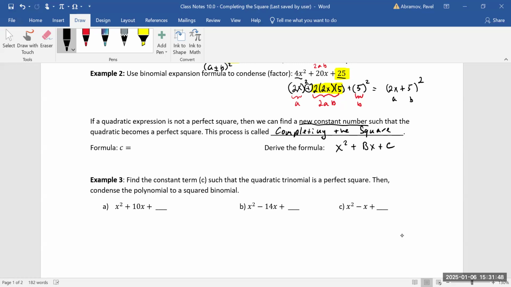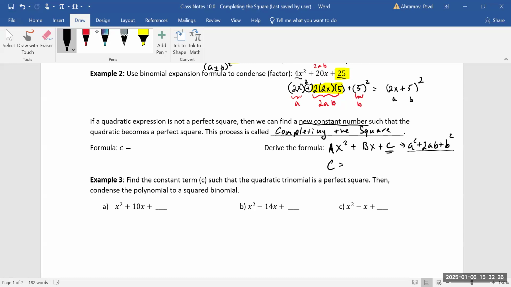Okay, so that's your standard quadratic form. Now, usually in the front we'll have a, but we're going to consider our a to be 1. Then we basically want to make sure that this expression is also in the form of a squared plus 2ab plus b squared. So in other words, our c term, that's why we're going to call it finding the c, has to be a very particular constant, the constant that satisfies the perfect square.